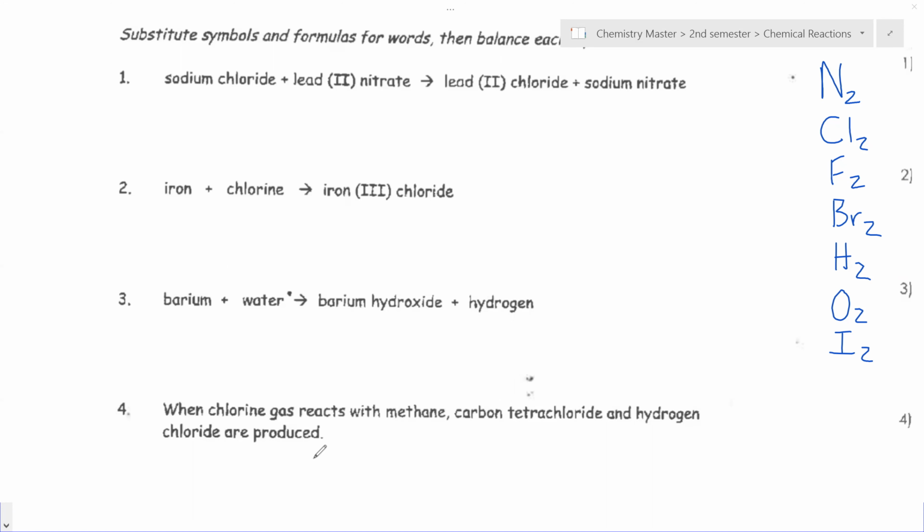All right, so let's start number 2. Miss Jamie, are you there? Do you remember the symbol for iron? If not, you can give me the symbol for chlorine. Cl.